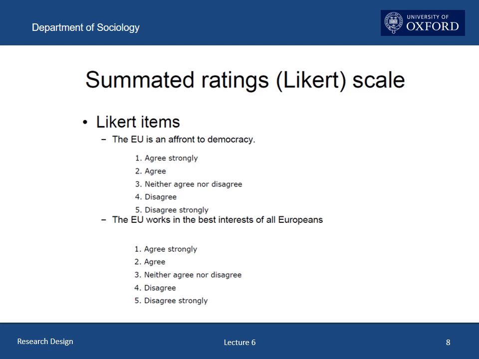And in addition to the statement, a response scale with responses ranging from agree strongly to disagree. The subject's score on that item is simply the numerical value that corresponds to the verbal formulation on the response scale that they select. In this case, 1 for agree strongly and 5 for disagree strongly.